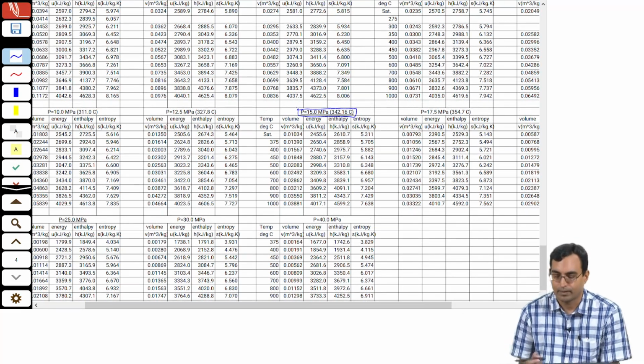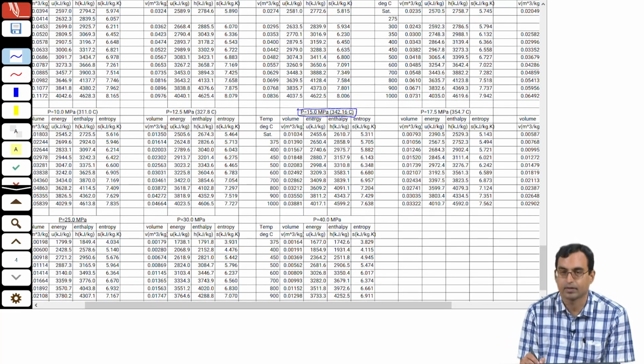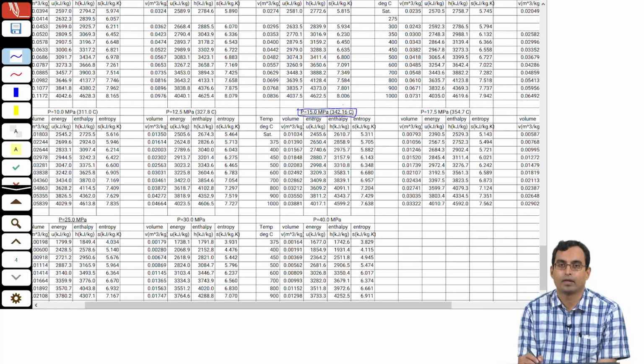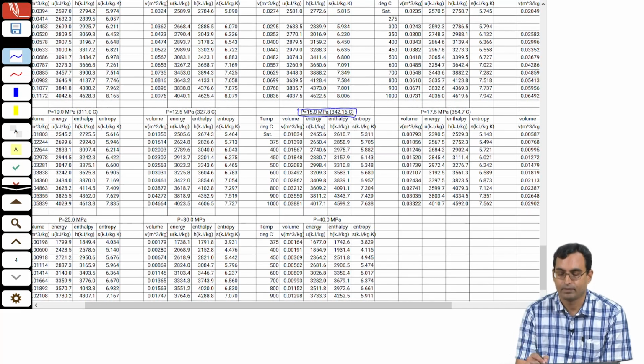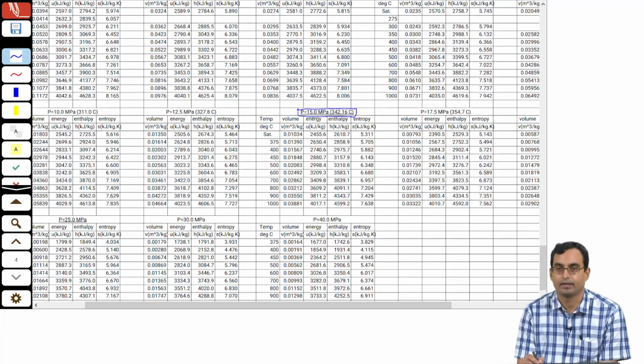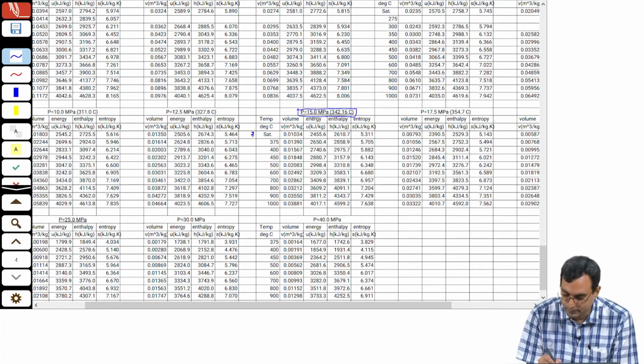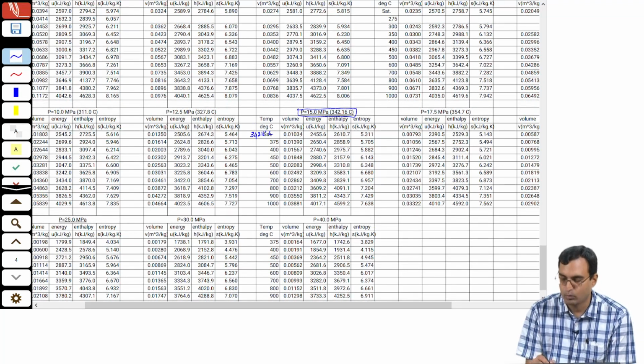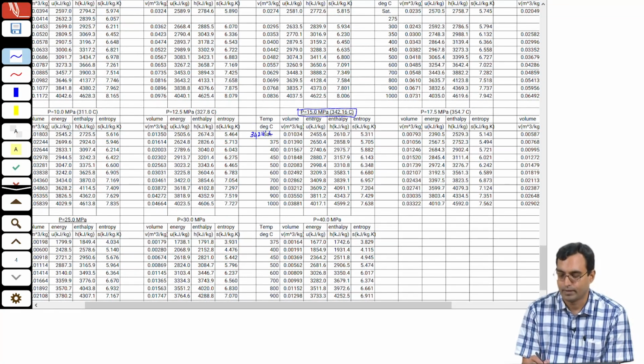At 15 megapascals, the saturation condition is 342 degrees centigrade. So, if I want to have a mixture of water and steam at equilibrium at 15 megapascal, it needs to be at 342.16 degrees centigrade. So, at that condition, the volume would be this, the internal energy would be this, the enthalpy would be this.